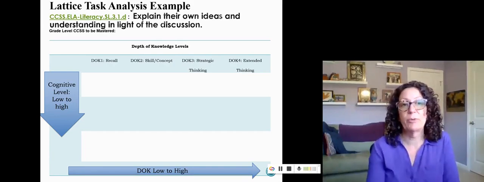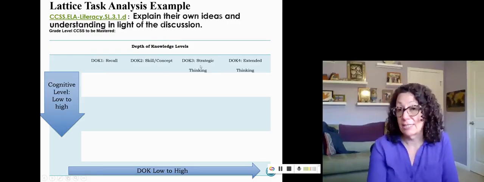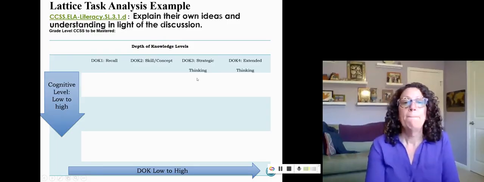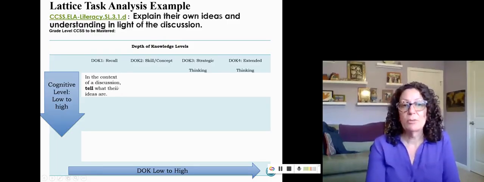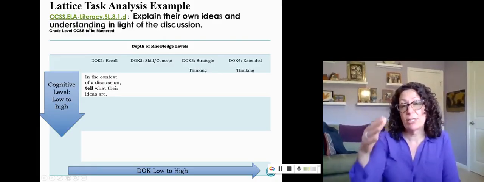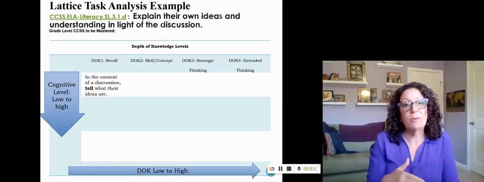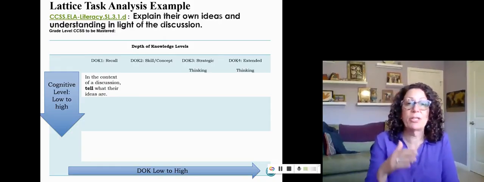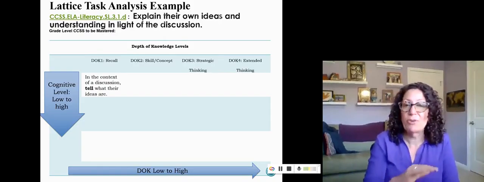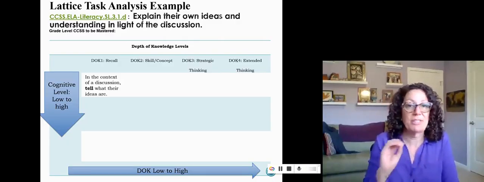So note here, we've got recall, skill or concept, strategic thinking, and extended thinking. And in each block, we're taking this standard apart and thinking about what we are doing at a very low level. So at a very low level, we just need a child to tell us what their ideas are. They don't even have to explain, they just have to tell.